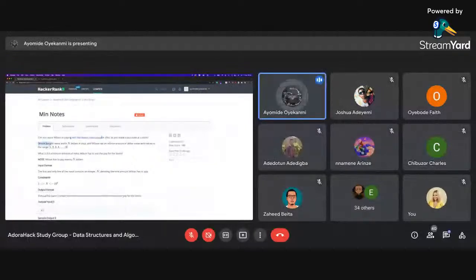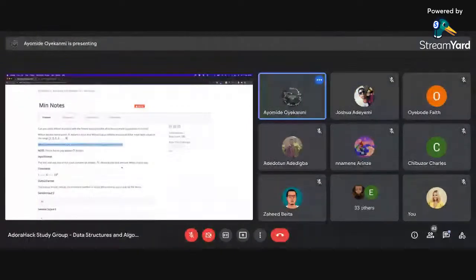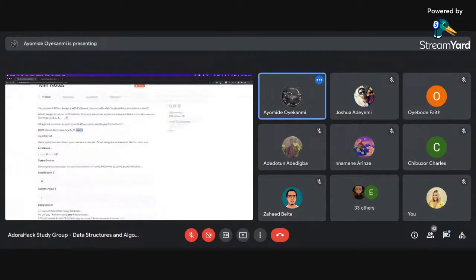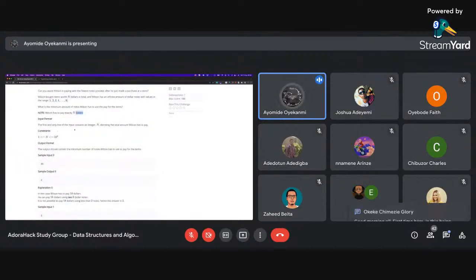All right. So Wilson bought items worth $10 in total, and Wilson has an infinite amount of dollar notes with values in the range 1 to 9. What is the minimum amount of notes Wilson has to pay for the items? Wilson has to pay exactly $10. So what does this mean?